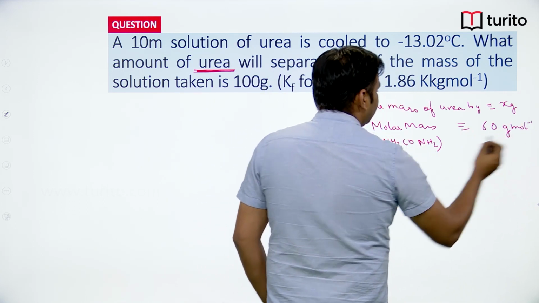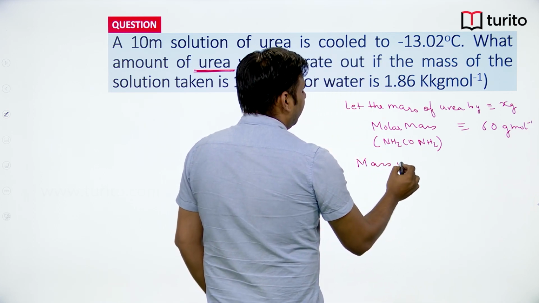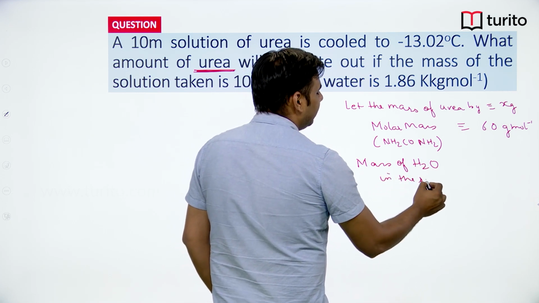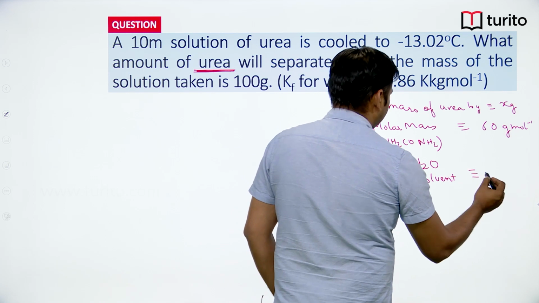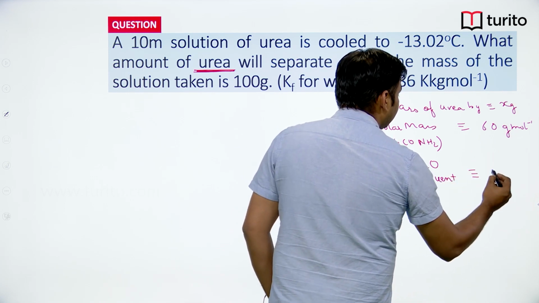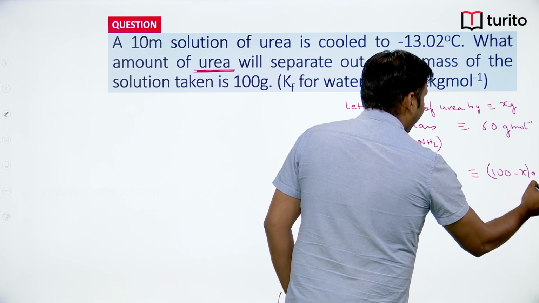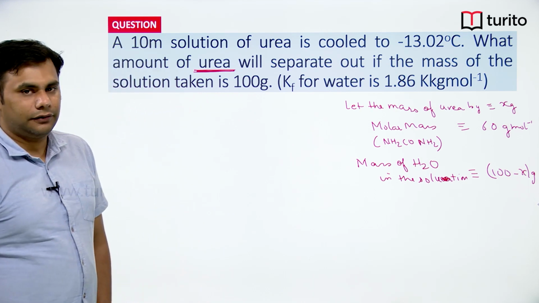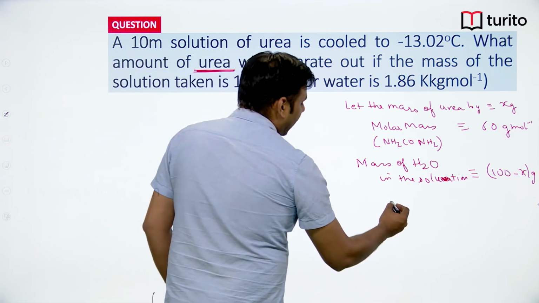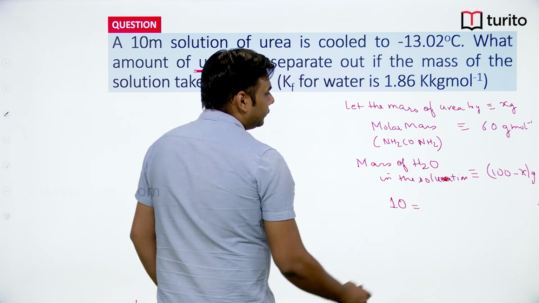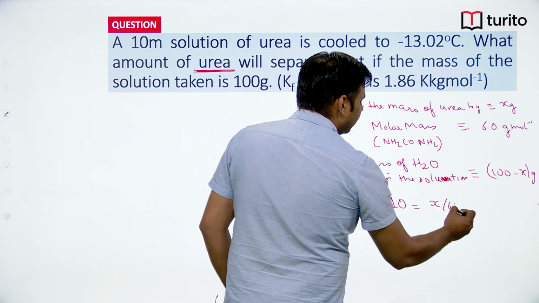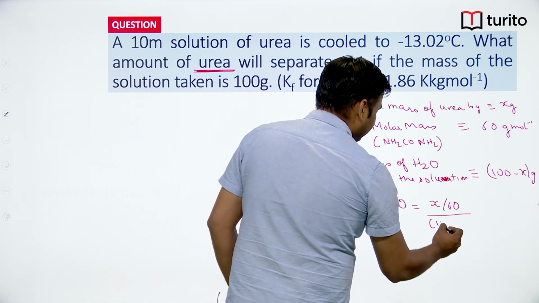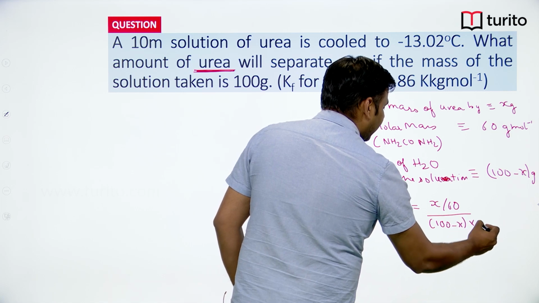The mass of water in the solution would be 100 minus x, because the total mass of the solution was 100. We know the initial molality was 10, so we can find the value of x. So 10 would be equal to x by 60, the number of moles of solute, upon the mass of solvent in kg. The mass of solvent in kg would be 100 minus x into 10 raised to minus 3.